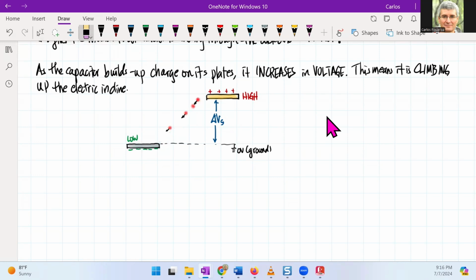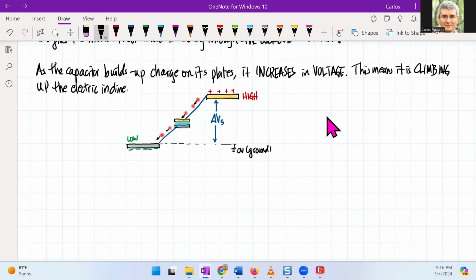So I have my capacitor, which now has some amount of charge. It's not all the way up, but it has charge on it. But note, we still have current flow through the capacitor.